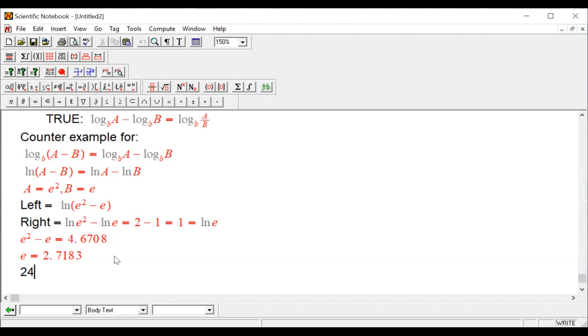Okay, 24. Log base b of a over b is equal to, this is a very common mistake. This is a terribly common mistake.